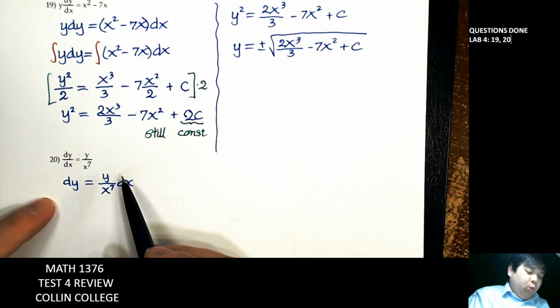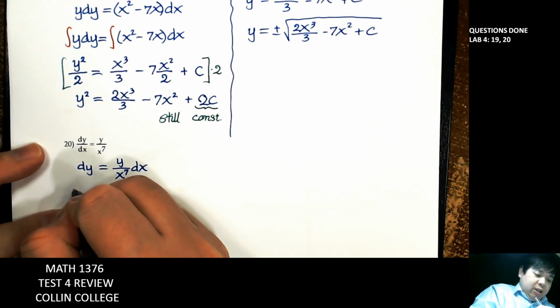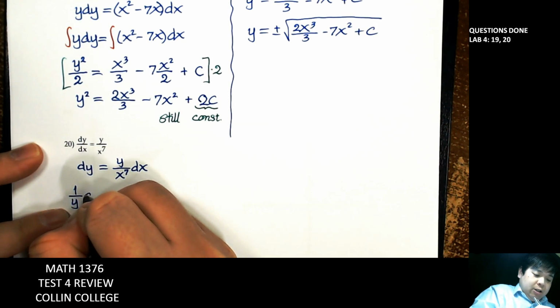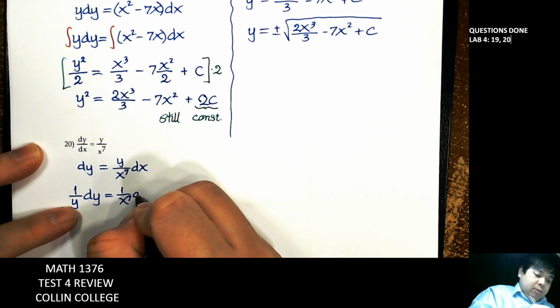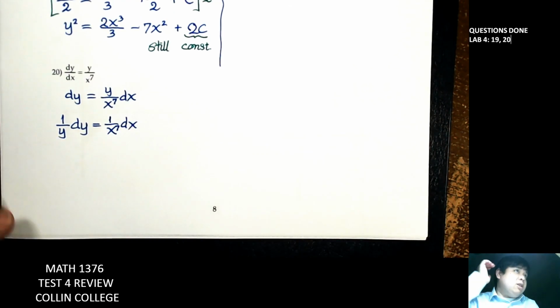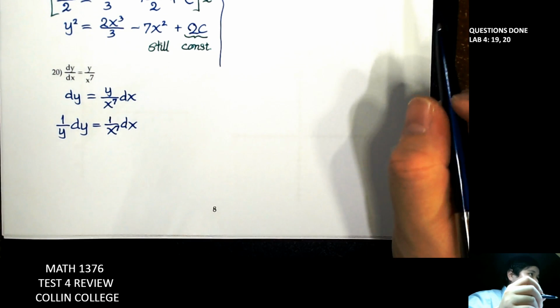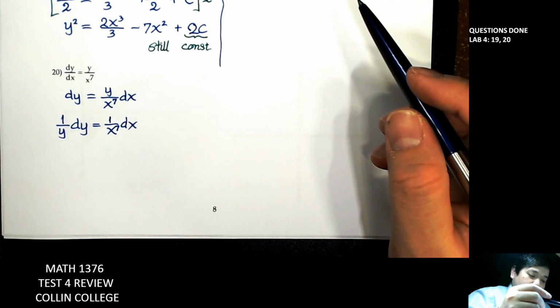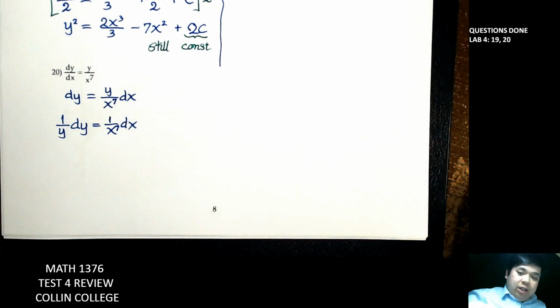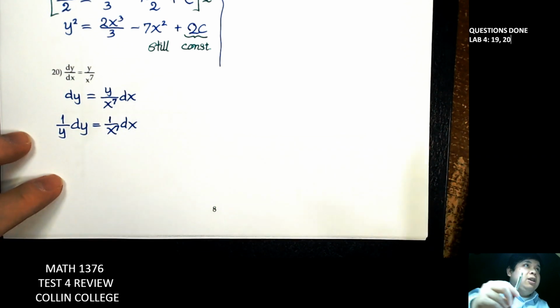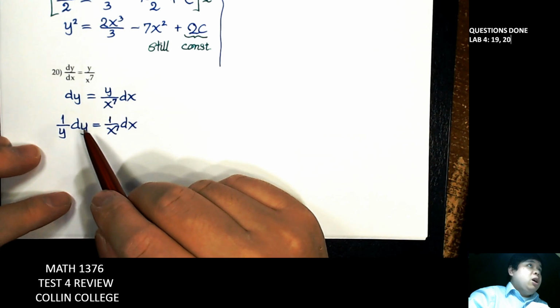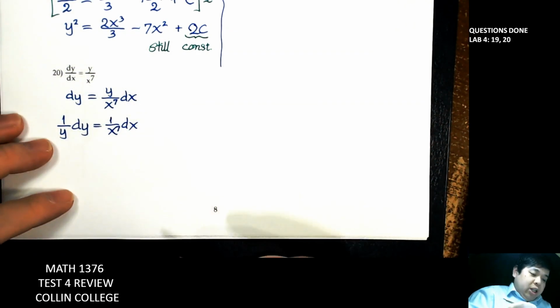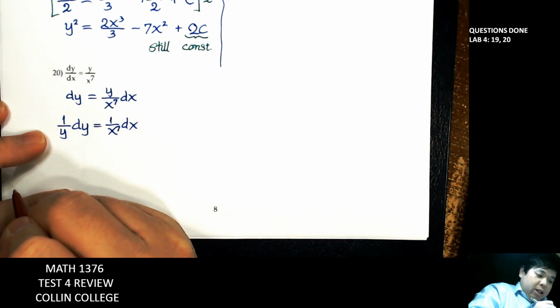And then we will divide by y to the other side. And we have that. Alright. And then of course we integrate both sides. So now x on one side and y on one side, those are the conditions for a separable equation. So we integrate.